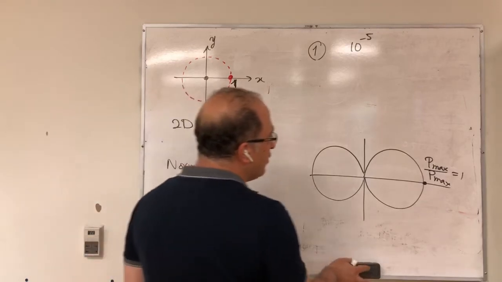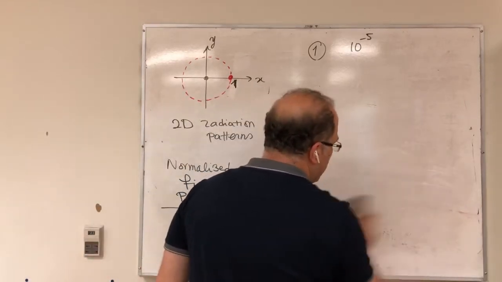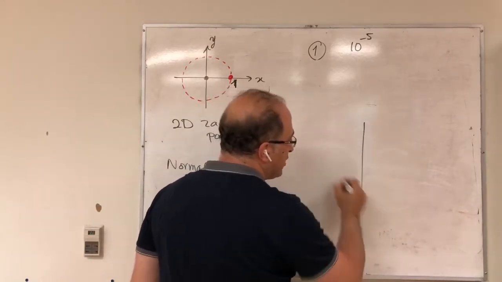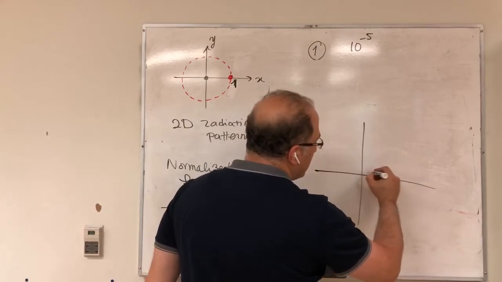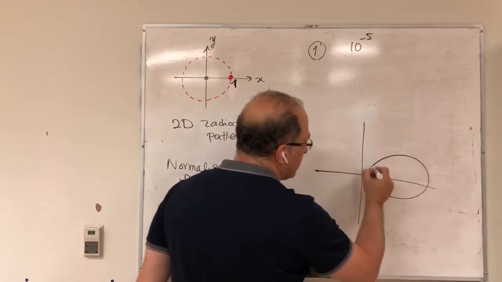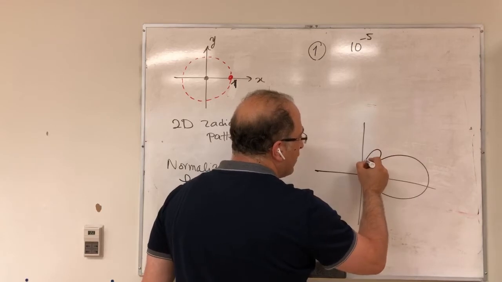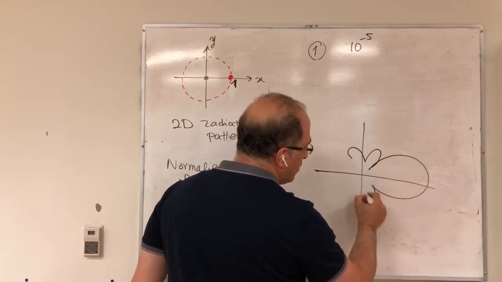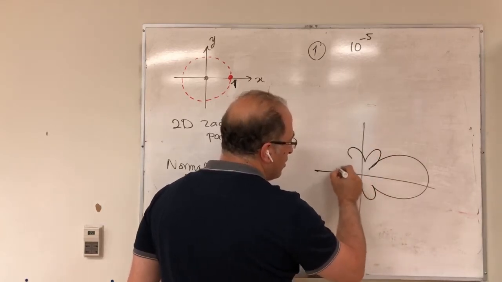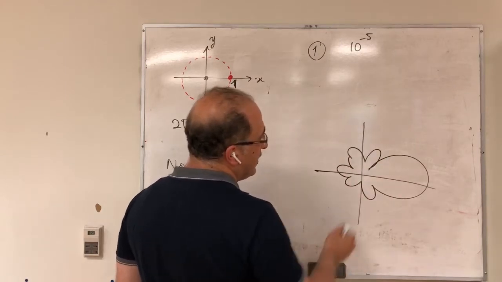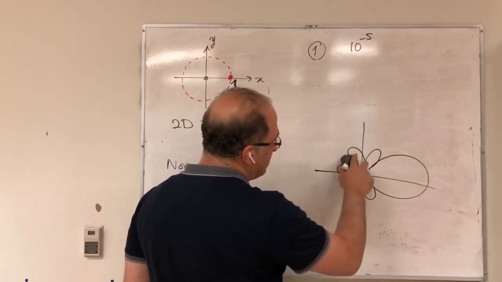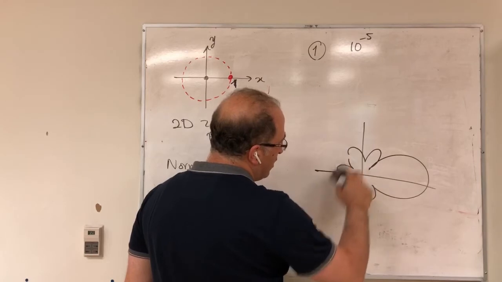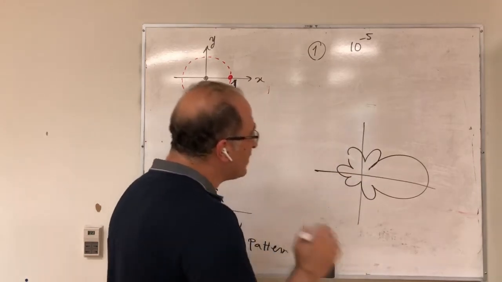For example, imagine this type of pattern, that you might have something like this, and then another one. It should be symmetric, but I plotted it in a bad way. But forget about this one.